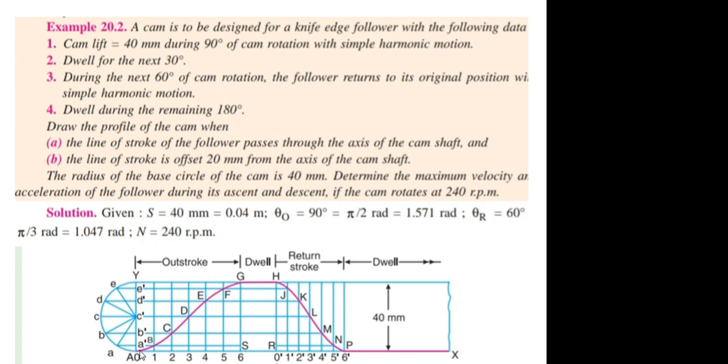Divide the semicircle in equal even parts as that of theta O and theta R. Transfer the points of semicircle horizontally to theta O and theta R. These horizontal lines will intersect the vertical lines at points B, C, D, E, F, J, K, L, M, N. Passing through all these points, that is A, B, C, D, E, F, G, H, J, K, L, M, N, P and X, draw the smooth curve to represent the displacement diagram of the follower when the follower moves with simple harmonic motion.